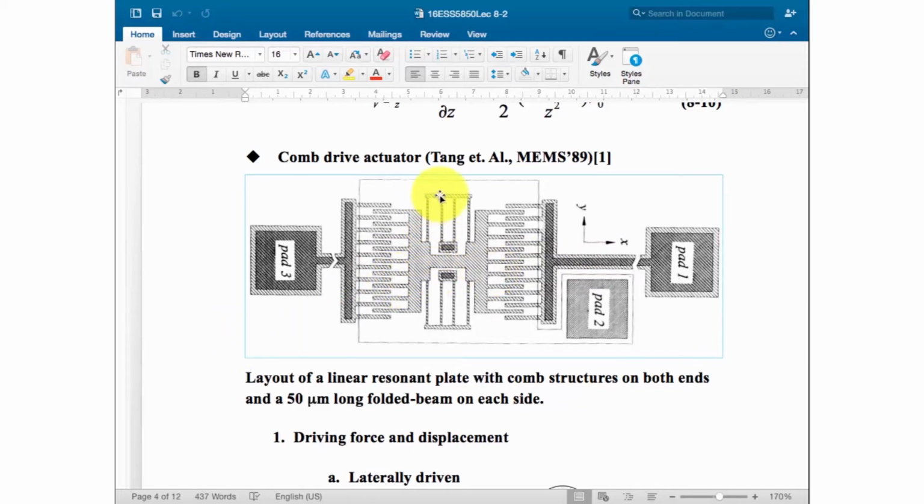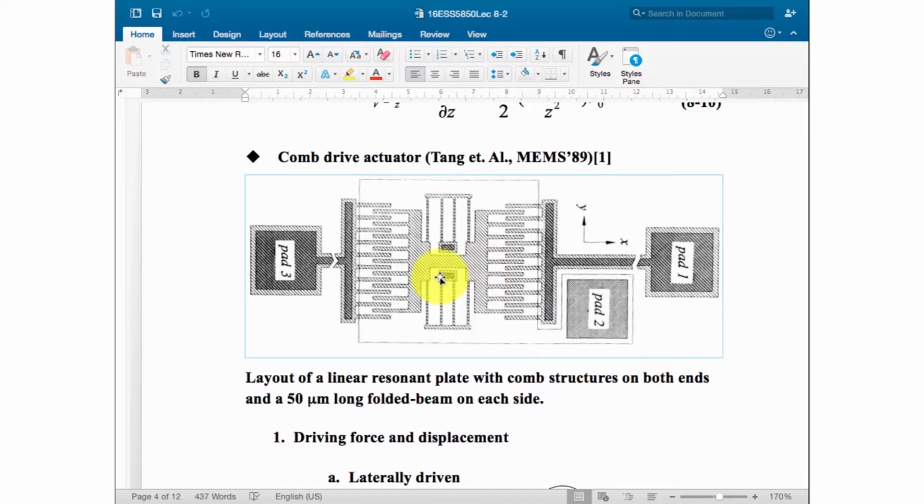The suspension will be only the spring over here. The anchor positions are these two dark areas. Only these two dark areas contact the bottom surface, and the spring and the comb over here are suspended above the surface without contact.